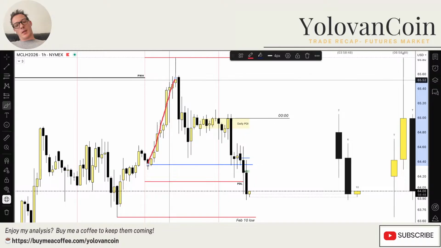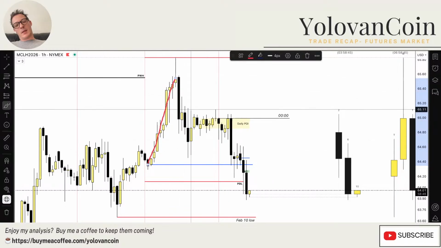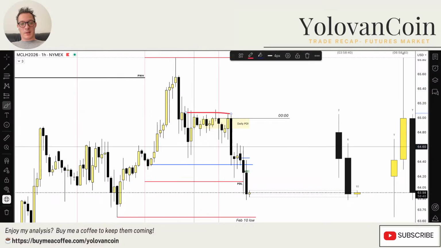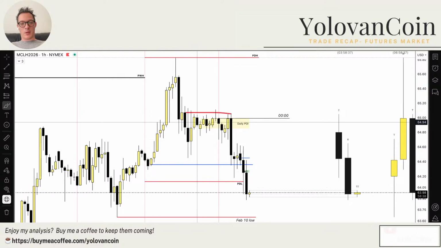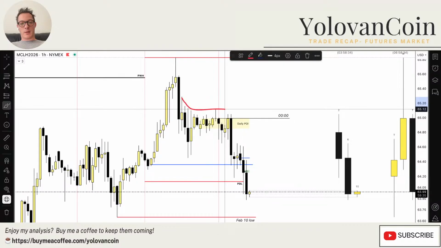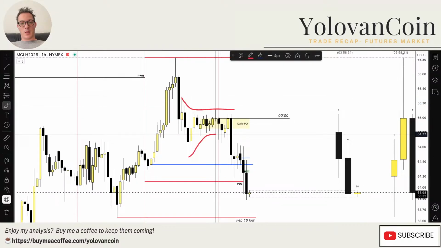So then the price was moving inside this range, but the funny part was moving inside this internal range, right? So a lot of failure swings, took out, didn't take out this one, and closed below the range.